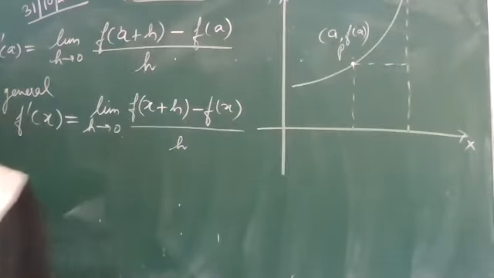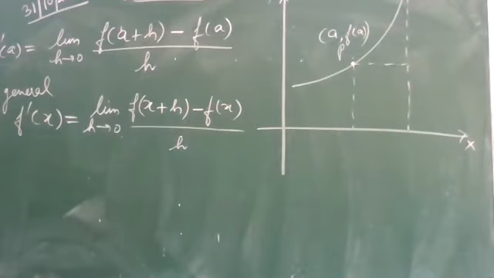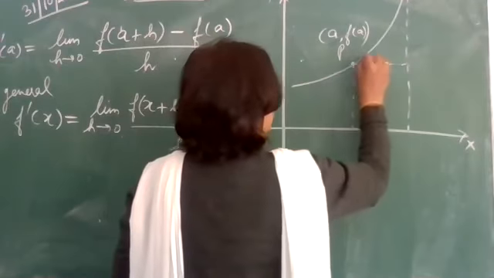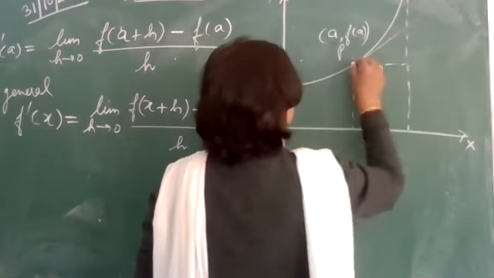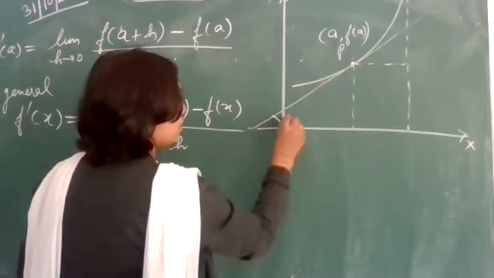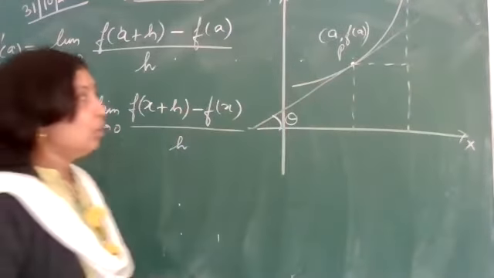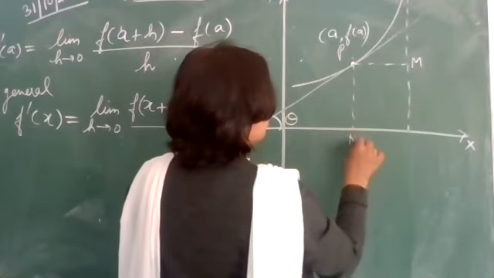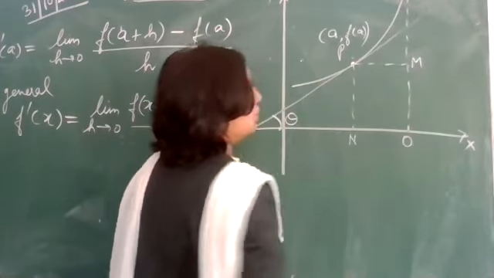And what else we are doing is making a tangent at point P, which is making an angle, let's say theta, with the x-axis. Let's just name them M, N, O.